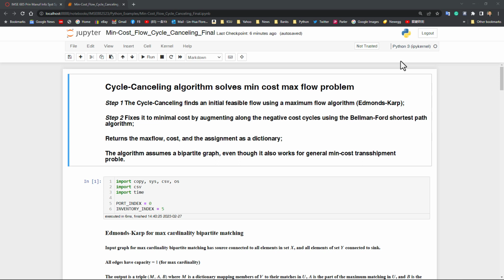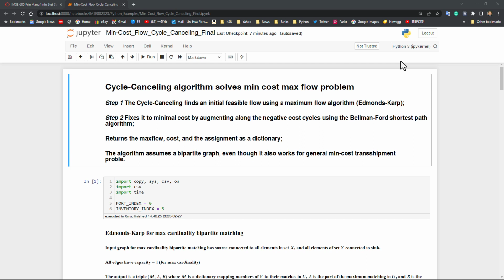Then we send the maximum possible flow along that negative cost cycle to improve the current primal solution. So the algorithm will return the maximum flow that can be sent through the network, the associated costs, and the assignment, which is the optimal flow.